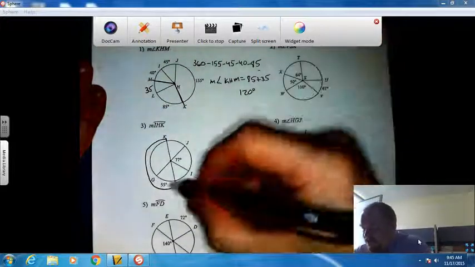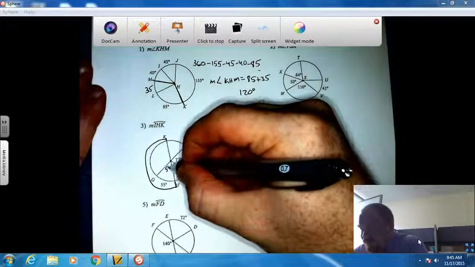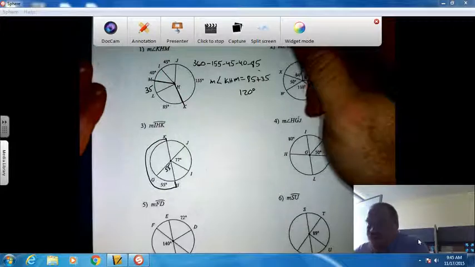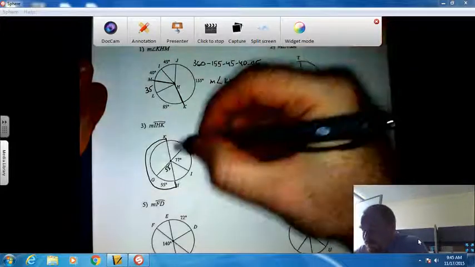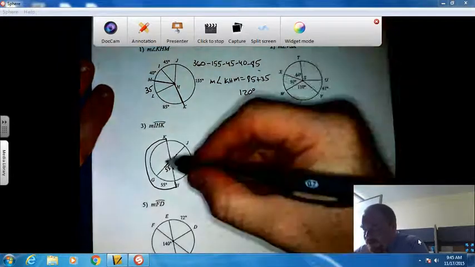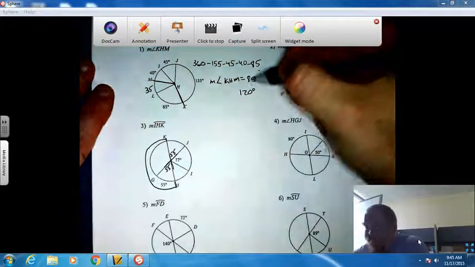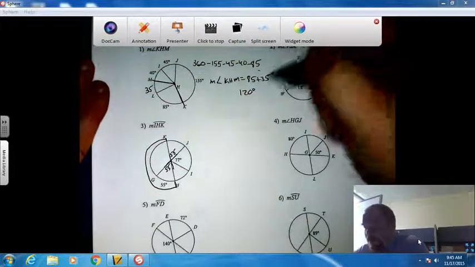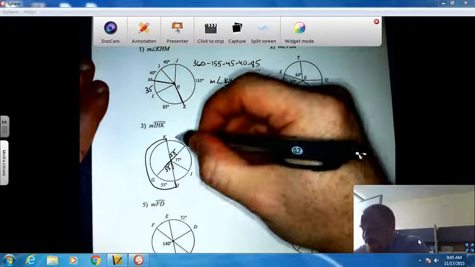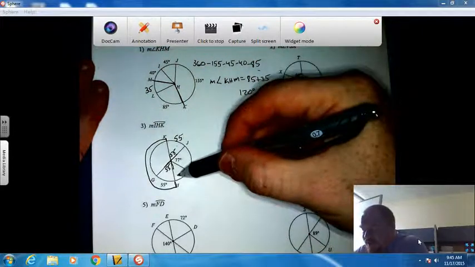Well, if this is 55 degrees, I know the angle right here is 55 degrees. Now, you may be wondering, why is that helpful? Well, these are vertical angles. So that means that these are equal to each other. You have to remember those little tricks. So if that angle is 55, that means this arc is 55. And the three of these have to add up to 180 as well.